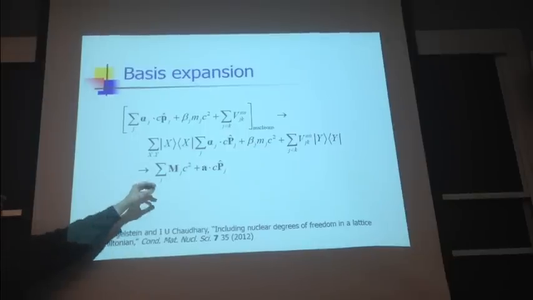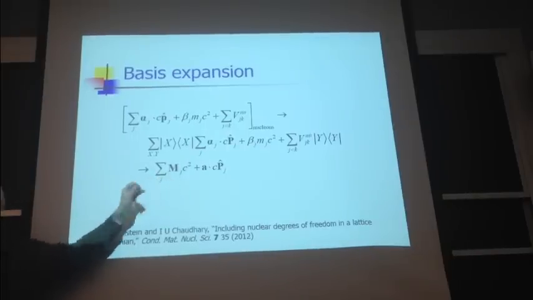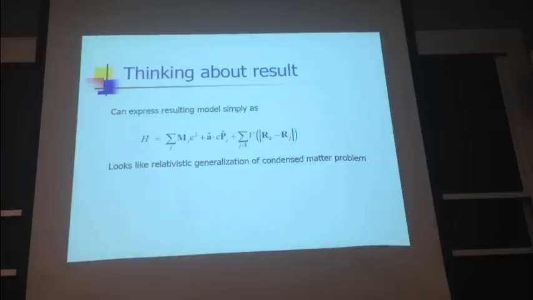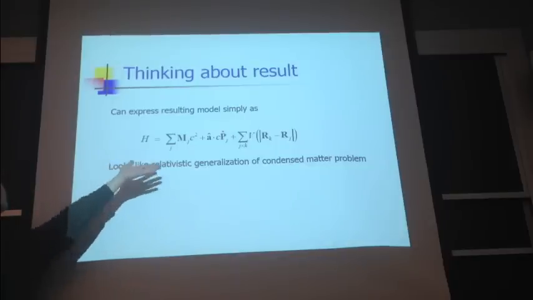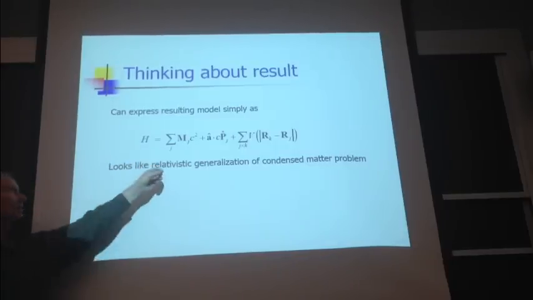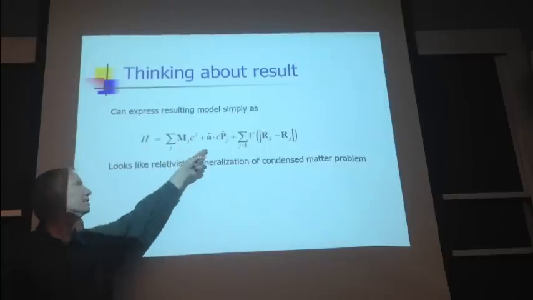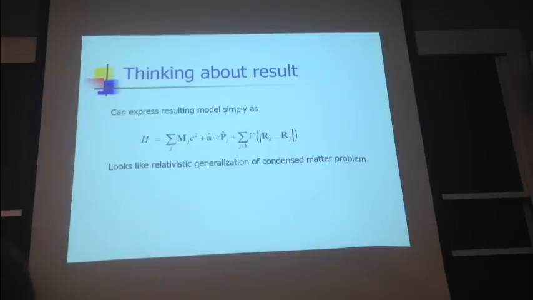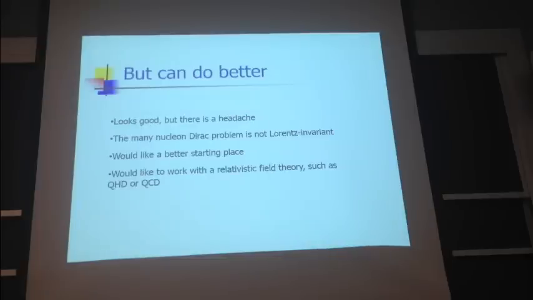So there are headaches, but this is interesting. It's a good first step. And if you do that, here's now a condensed matter Hamiltonian based on having a relativistic rest frame basis state description of nuclear states. So we have models coming out of this, and models that we can actually work with.